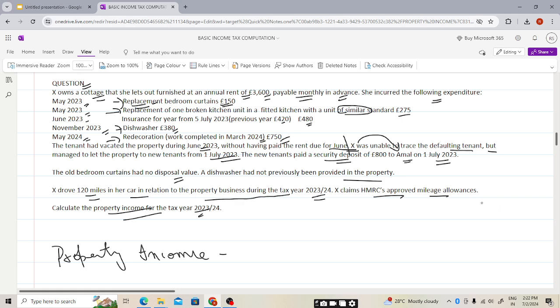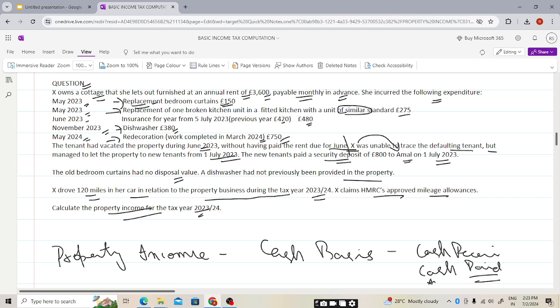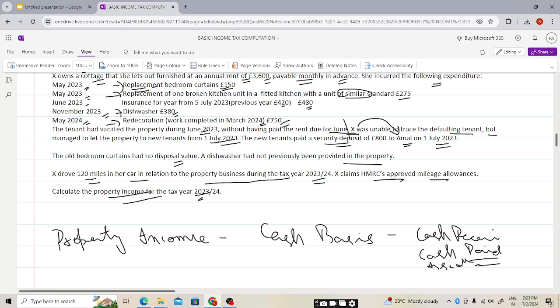Here nothing is mentioned, so we will be calculating on cash basis. Cash basis means cash received and cash paid. This will give rise to our assessable income.